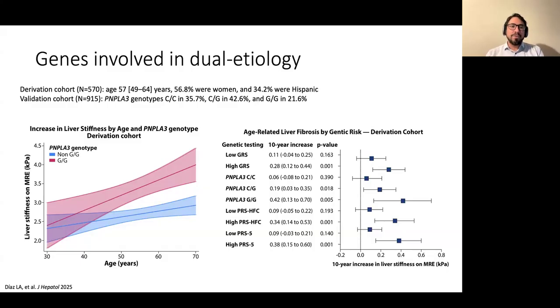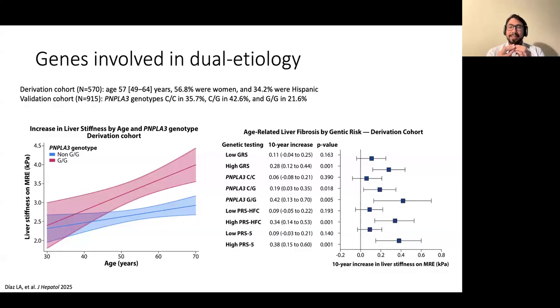But basically, if you have a PNPLA3 GG condition, so if you're homozygous for the high-risk variant, your risk of liver fibrosis is higher, even if you have or do not have diabetes, even regardless of the body mass index, age, gender, race, and ethnicity.